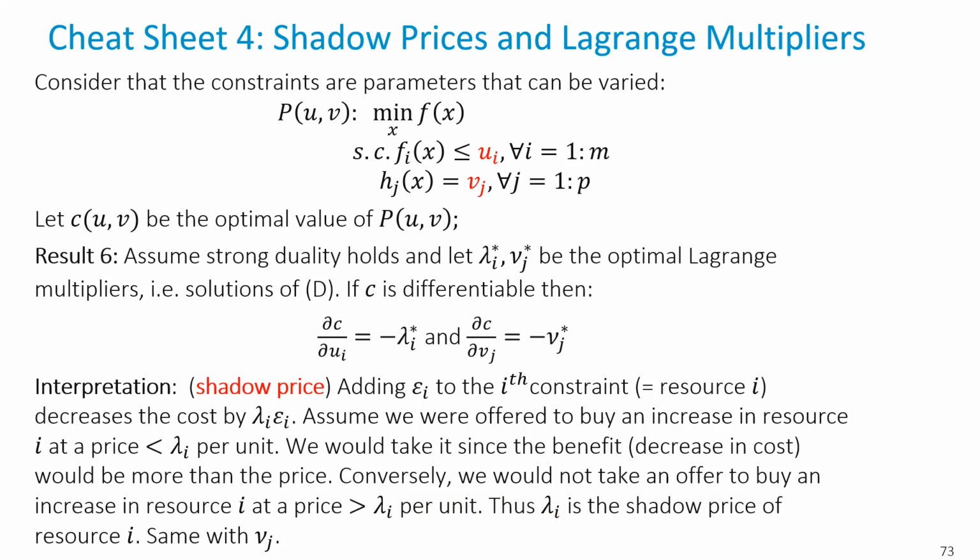So in some sense, we can view that as the shadow price, the hidden price that this resource has. This resource does not have a price. Perhaps it is dictated by physical restrictions of your system. But you know that if somebody were able to relieve this restriction at a given price, this is a price that you would be willing to pay for it. So that's the classical shadow price interpretation of the Lagrange multipliers.